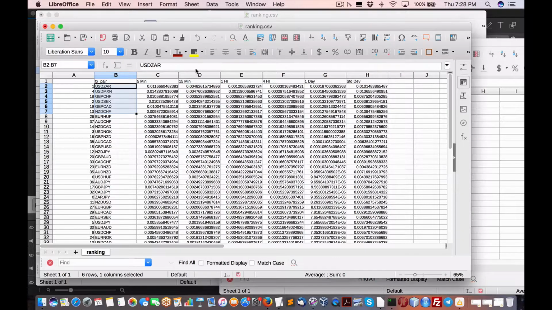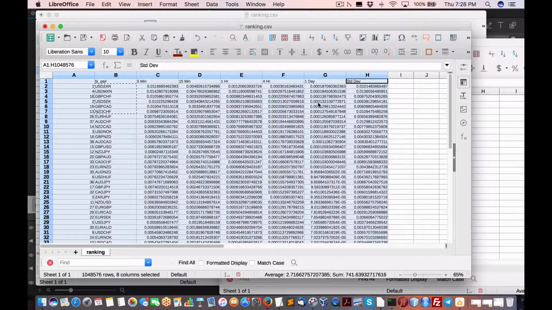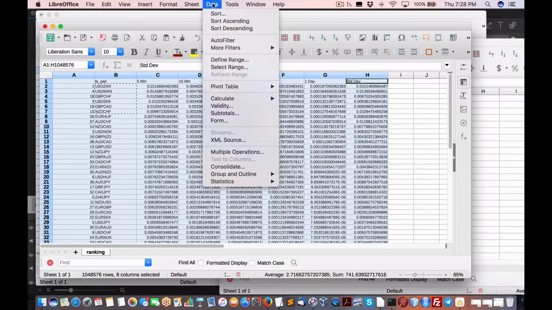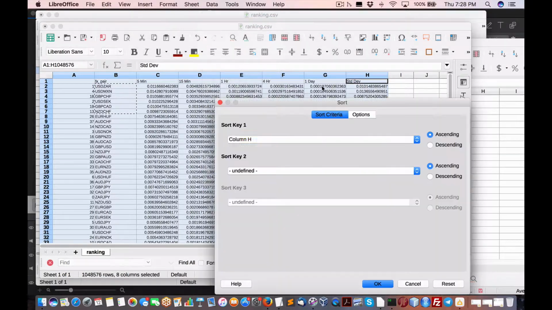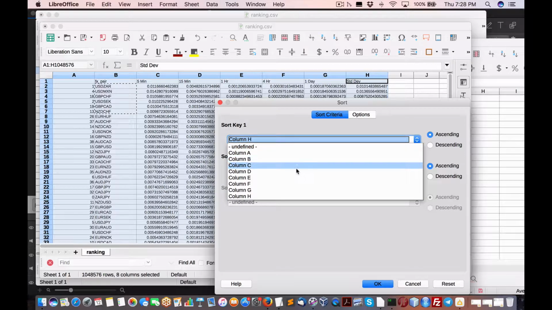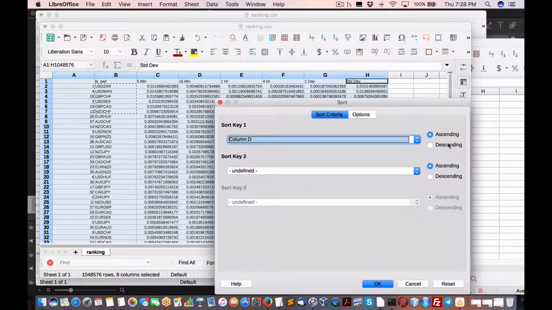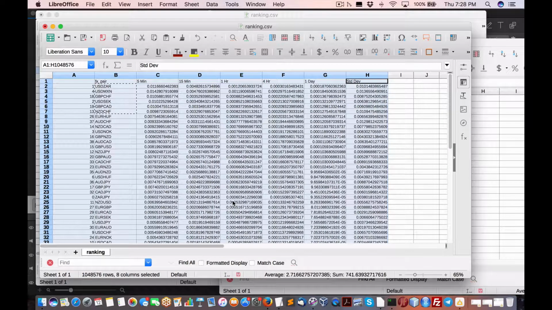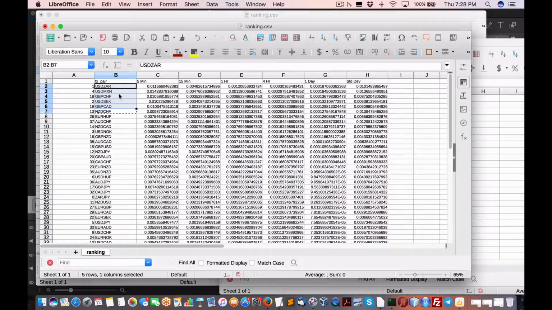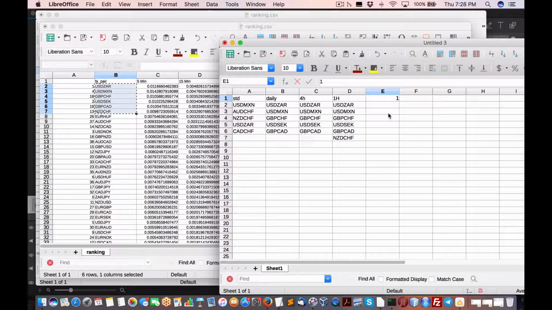Okay, the next one we are doing is 15-minute data, that'd be column D. Sure it's descending. Okay, so it's pretty consistent here. So it's 15-minute, wasn't it?